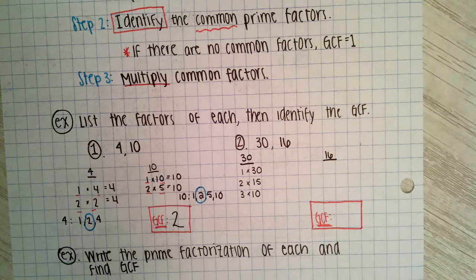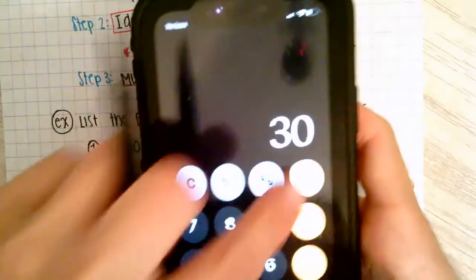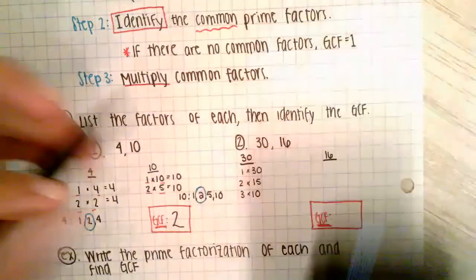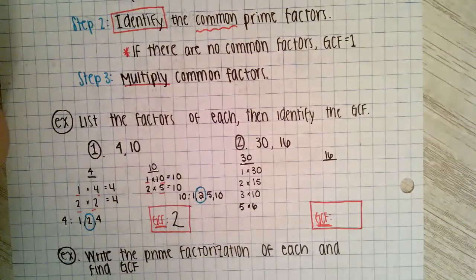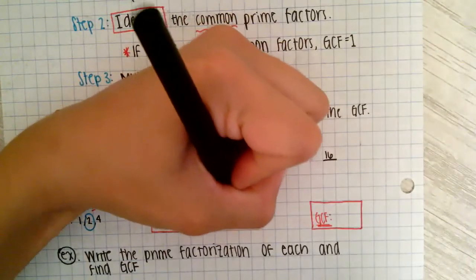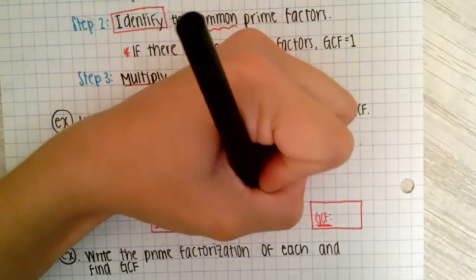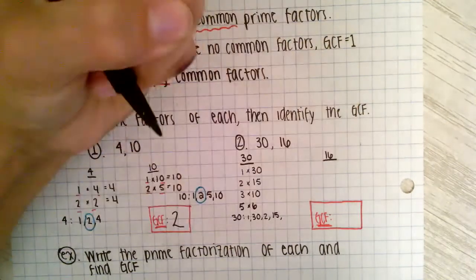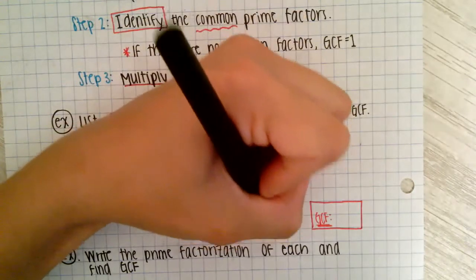So I'm going to try 4. 30 divided by 4 doesn't work. 30 divided by 5, that does work. 5 times 6 will give me 30. Now I have all my factors of 30: 1, 30, 2, 15, 3, 10, 5, 6.